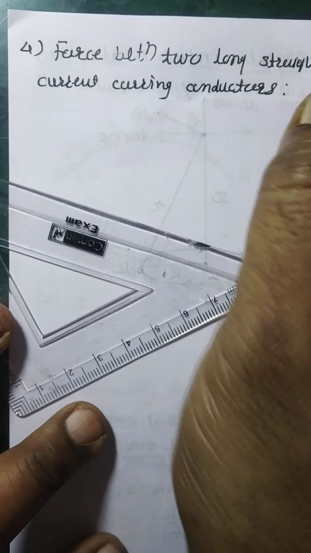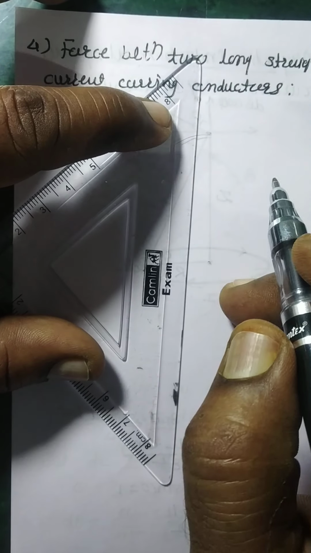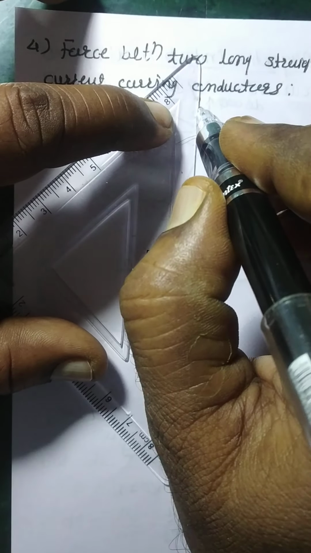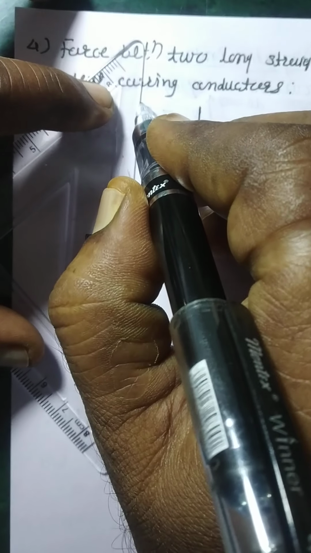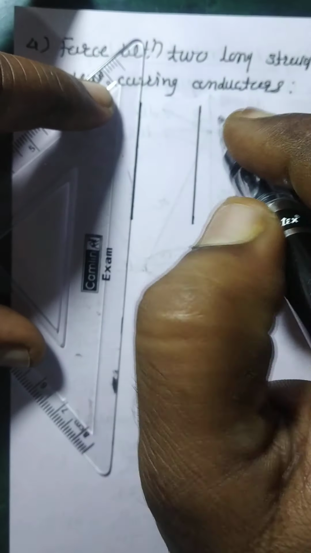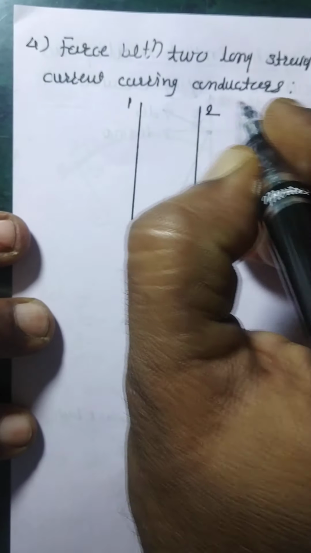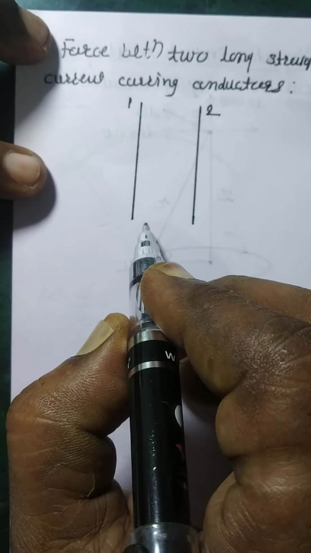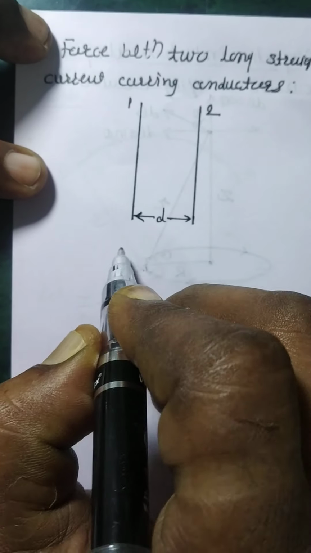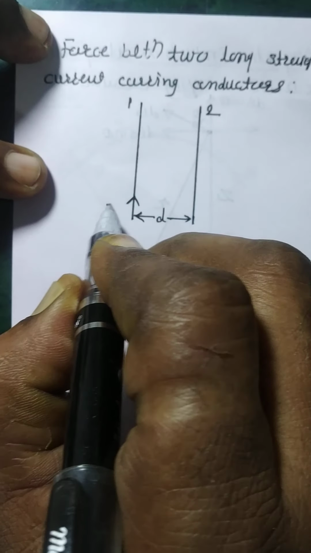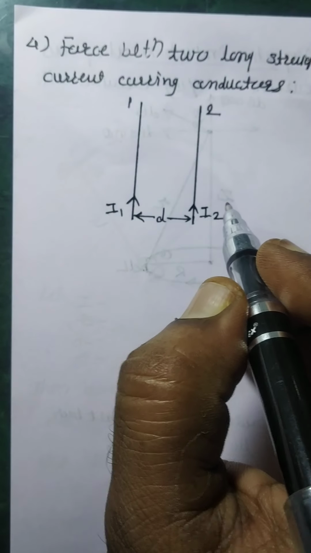Consider two long straight parallel current carrying conductors 1 and 2 separated by distance d from each other, carrying currents I1 and I2 respectively.